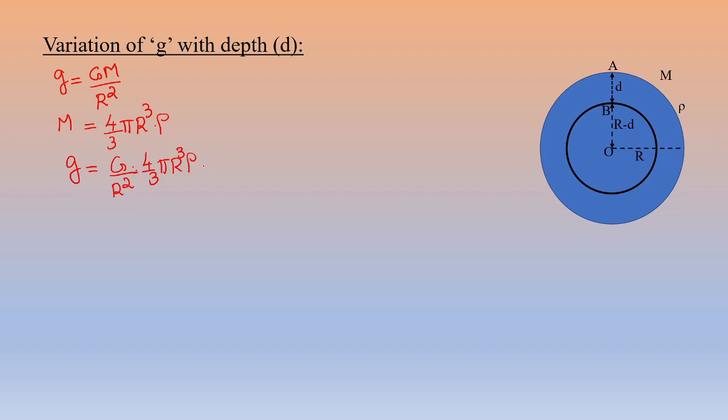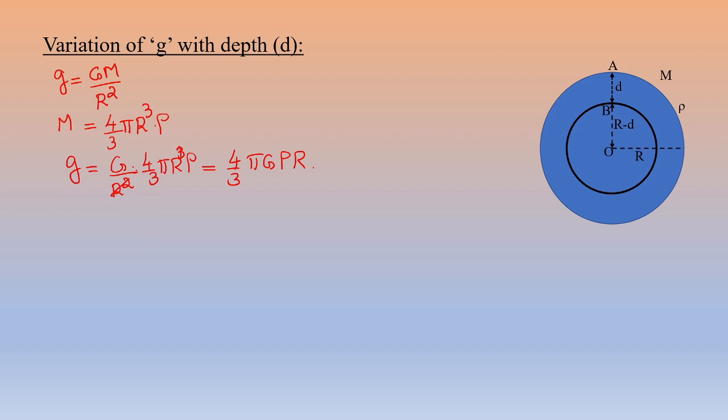So that is equal to, we can cancel out R square, so 4 by 3 pi G rho into R. So we can express the value of small g in terms of the density.